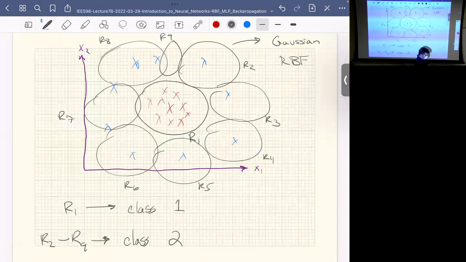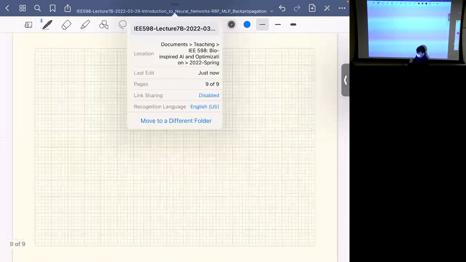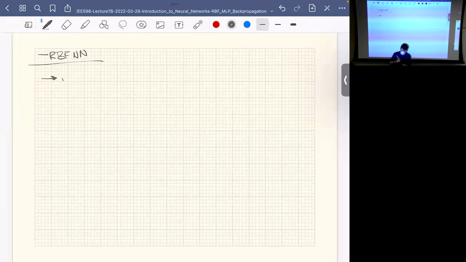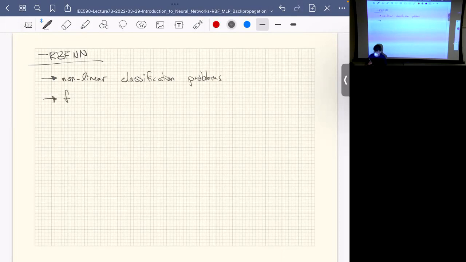All right, so like I said, these radial basis functions can be used for non-linear classification problems, but they also can be used for function approximation.